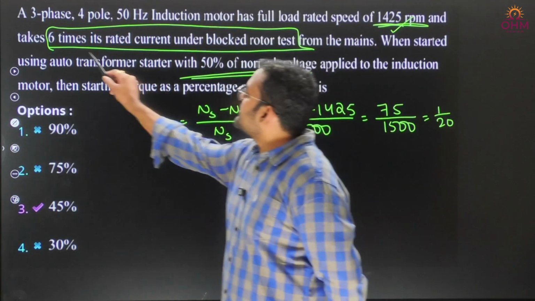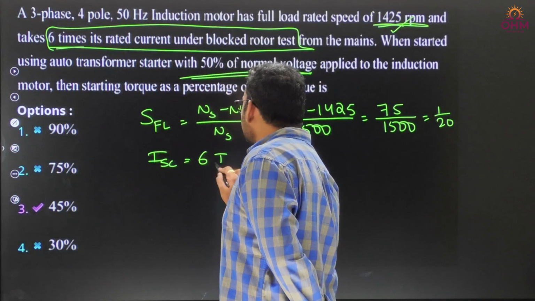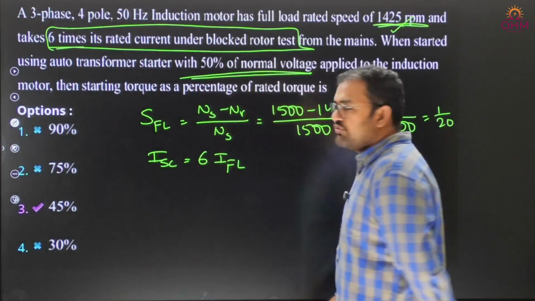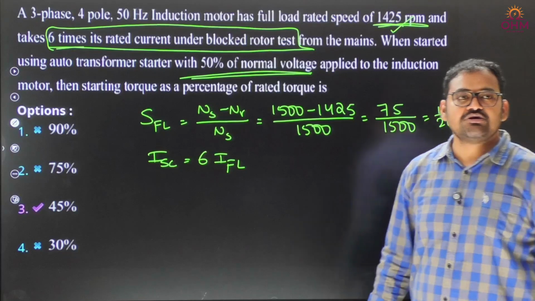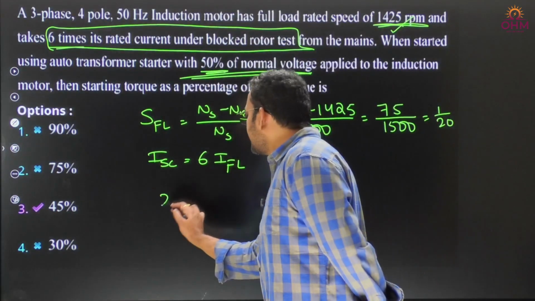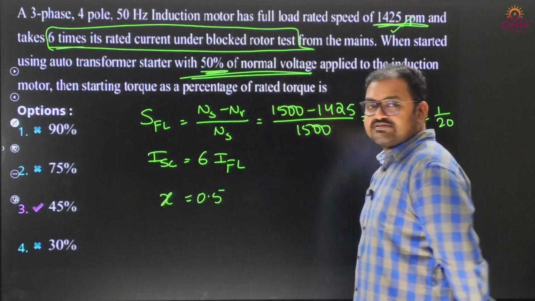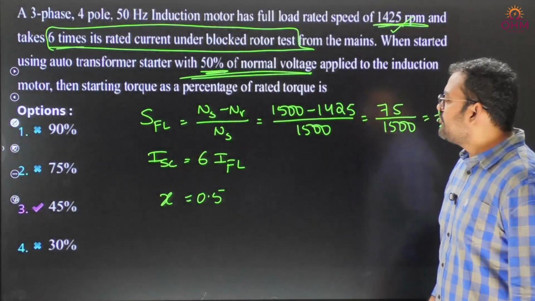And what is a short circuit current? 6 times. It is given short circuit current is equal to 6 times full load current. We know blocked rotor test is equivalent to short circuit test. Also, the tapping is 50%. X value 0.5. If you know all these details, then what is the ratio from starting torque to full load torque?